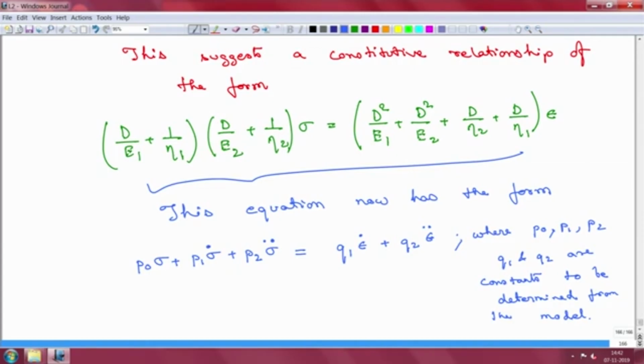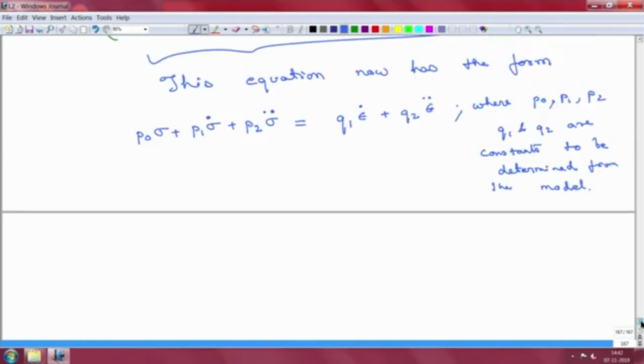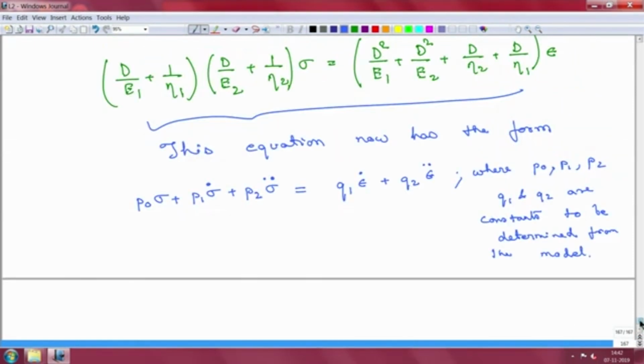But this time, because you have two models, you also have double derivatives, right. Now, this probably suggests a mechanism by which we can generalize this idea to, let us say, n Maxwell models in parallel.